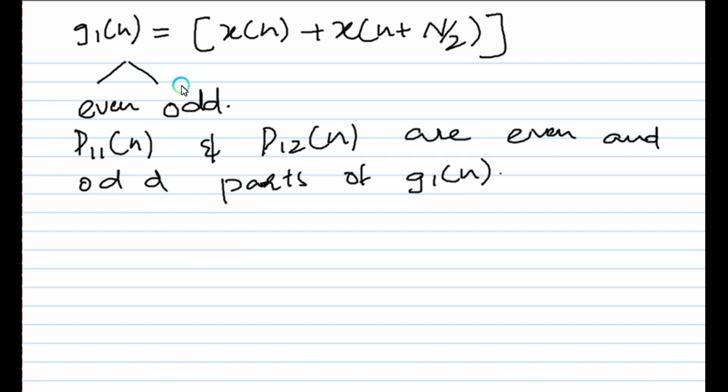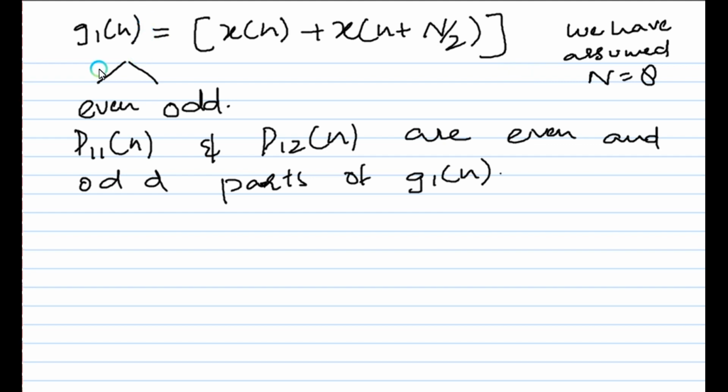Now in case of g1 of n, since we have assumed, as in the previous class, N is equivalent to 8, and g1 of n and g2 of n are equivalent subdivisions of x of n, g1 of n has 4 samples and g2 of n has 4 samples.